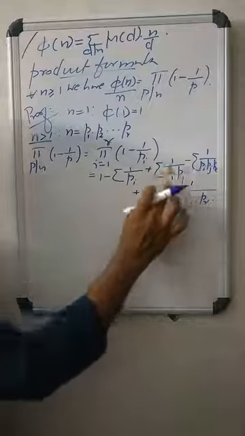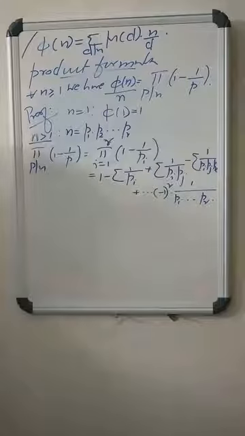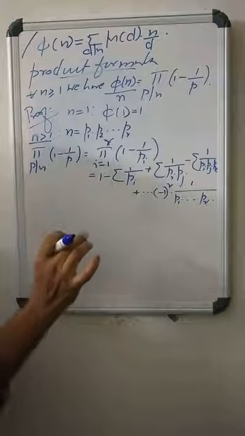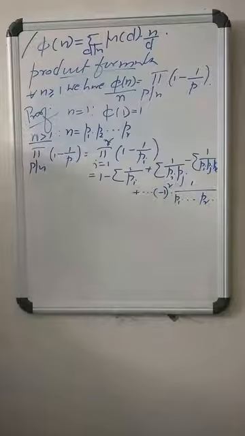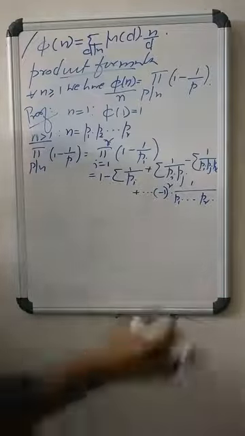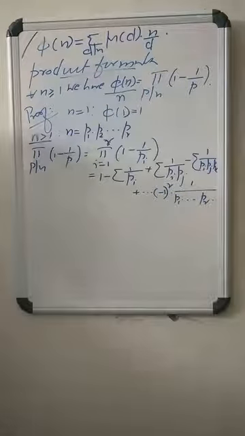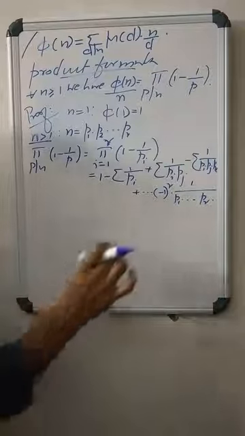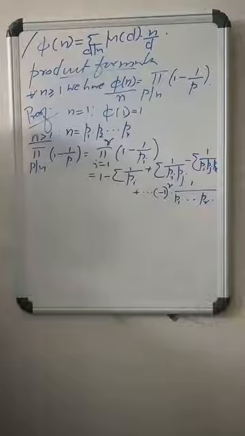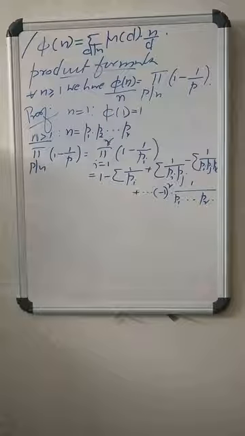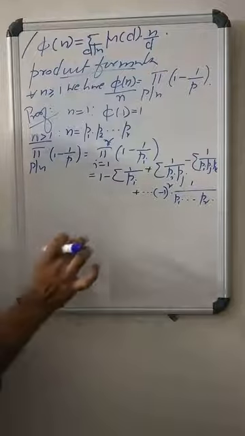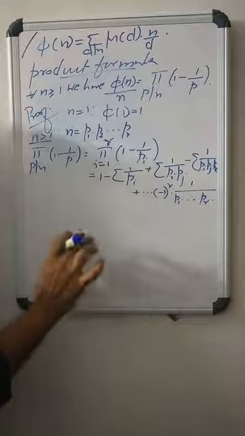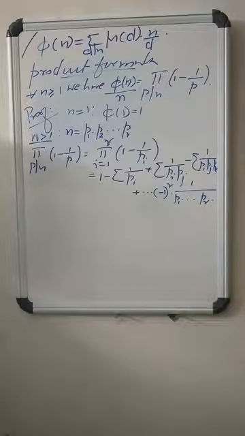And the sum of 1 by pi pj pk means all possible products pi pj pk of distinct prime factors of n taken three at a time, and so on.